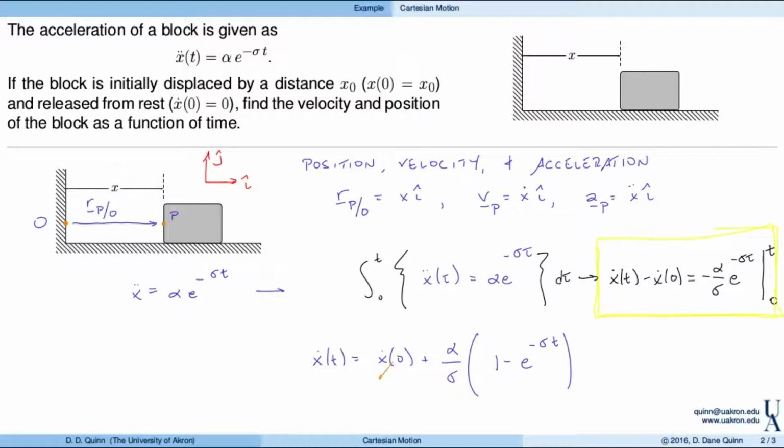And of course, the initial velocity here was 0. So we have the velocity as the following.